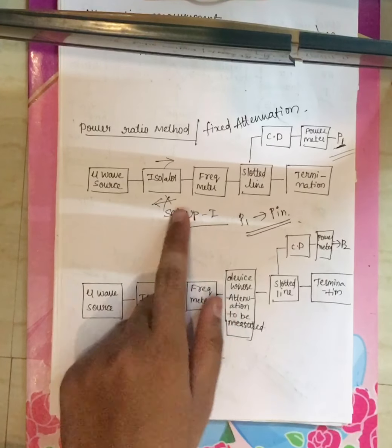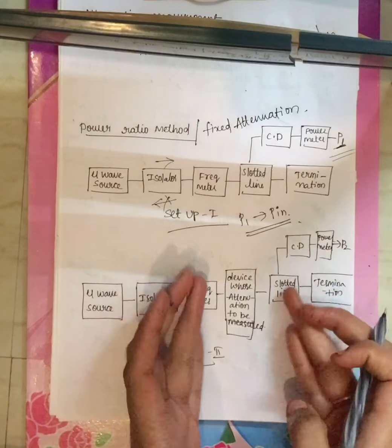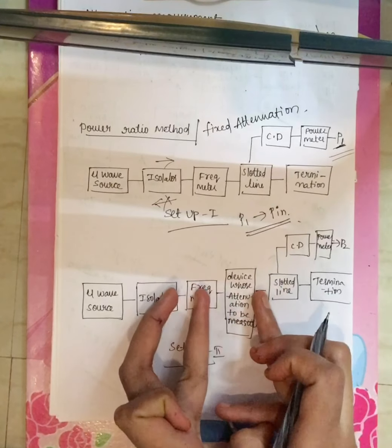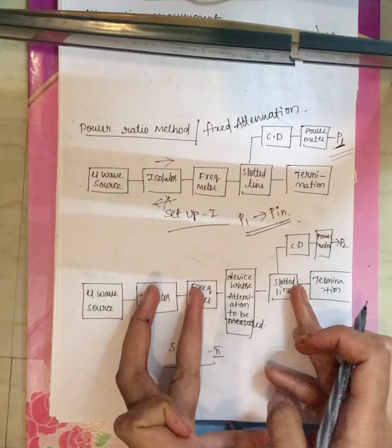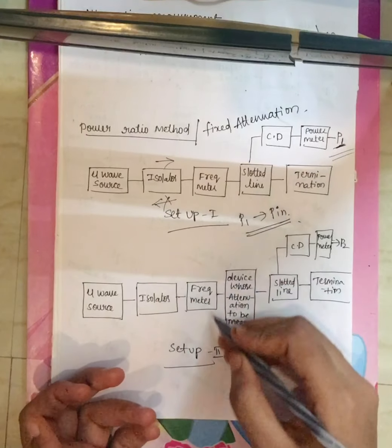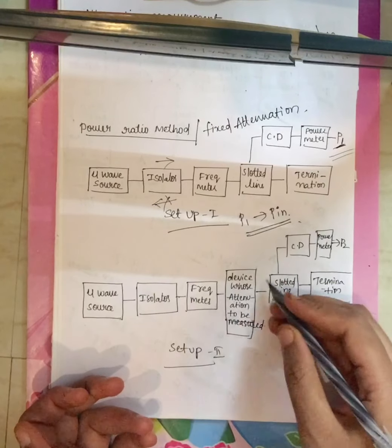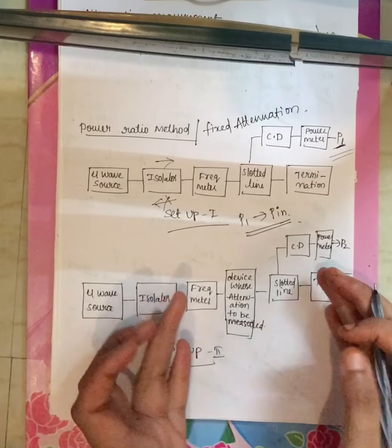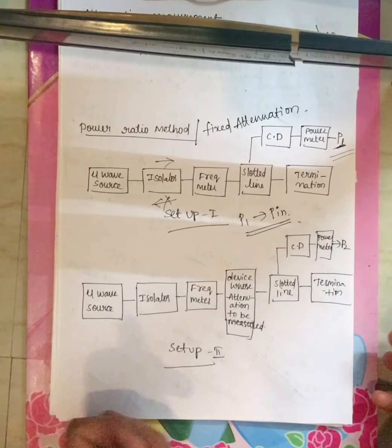Everything is the same; the only difference between setup 1 and setup 2 is that you insert a device whose attenuation is to be measured between the frequency meter and slotted line.